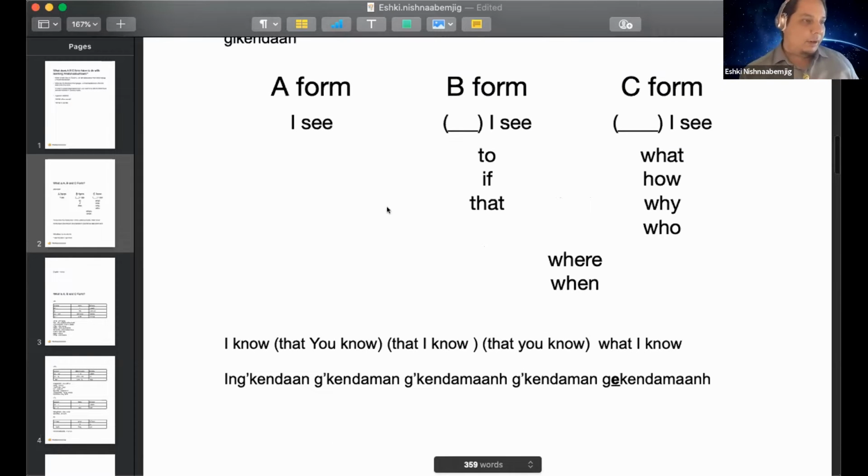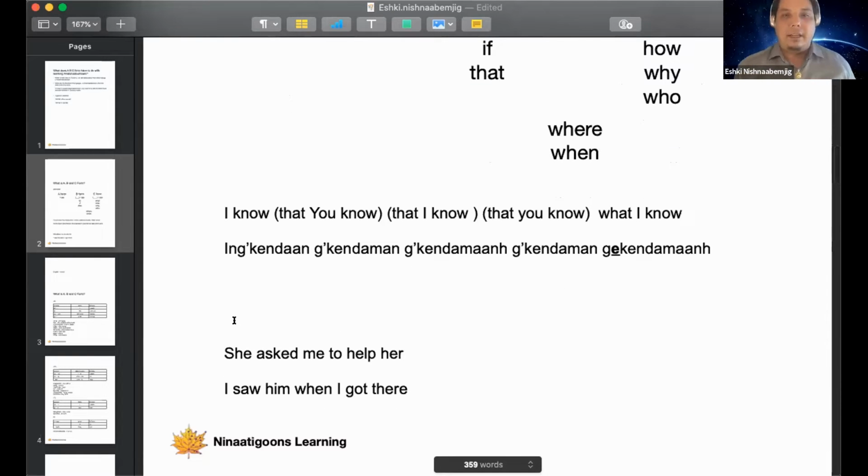Okay, so, and it's really important to be able to do all the forms because we learn normally simple sentences like she asked me. Well, how do I make that?